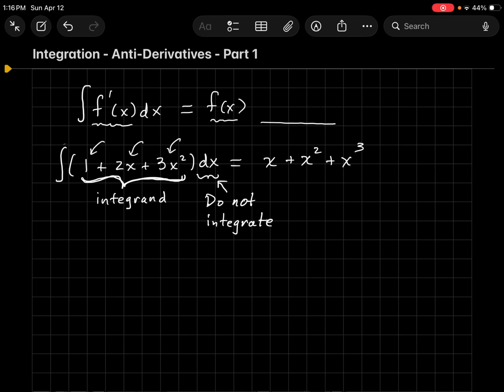Now, the derivative of what equals 0? Well, the derivative of any constant is 0.